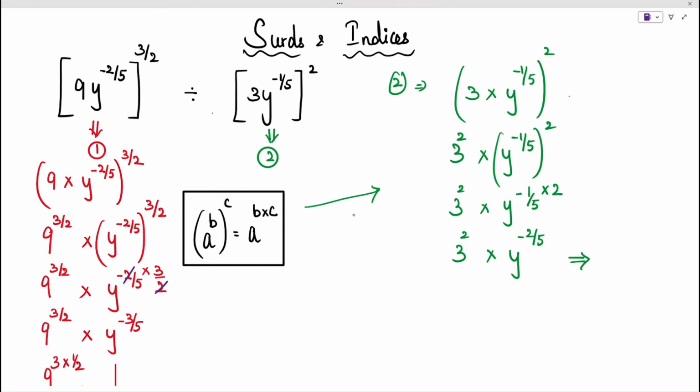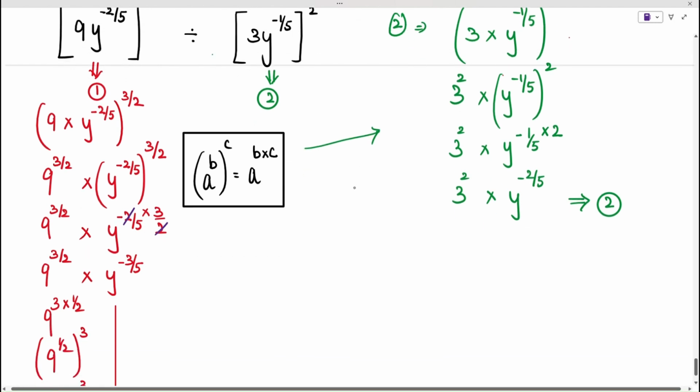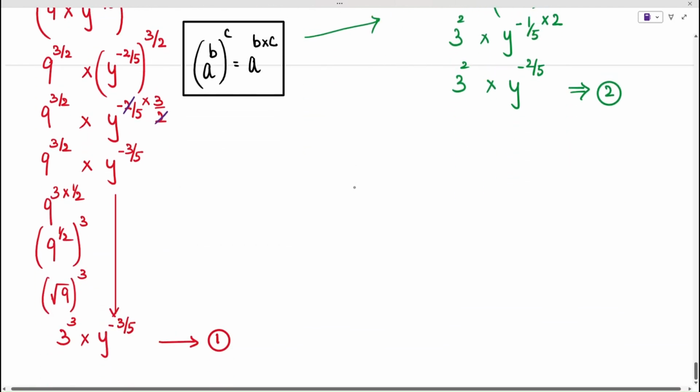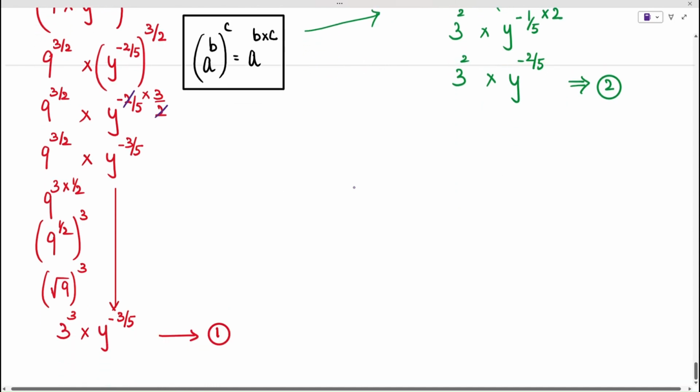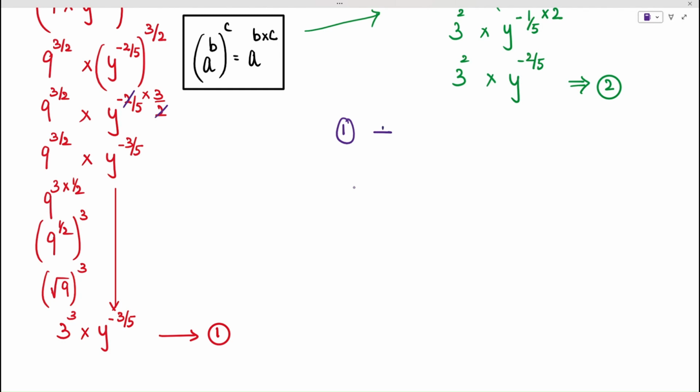Now we have our simplified versions of both parts of our equation. Now we can bring them back together and start the final division, as given in the question.